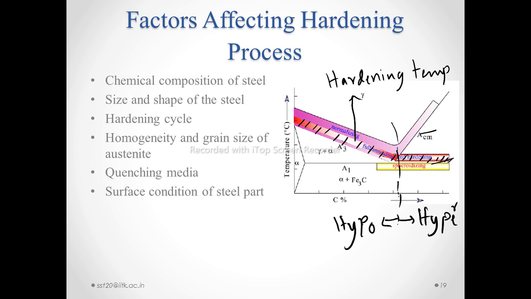So what is the requirement of heating? Why are the hyper-eutectoid steels heated here and not the hypo-eutectoid steels? This is the basic question that we can answer by seeing this graph.